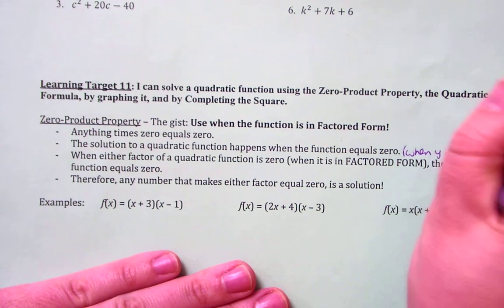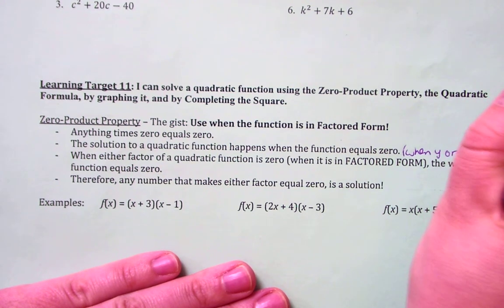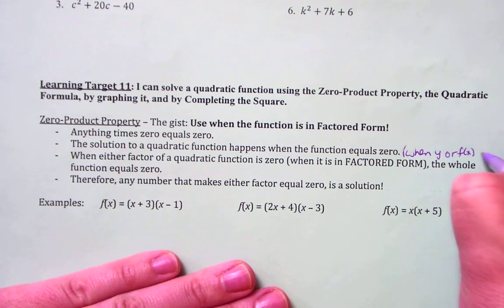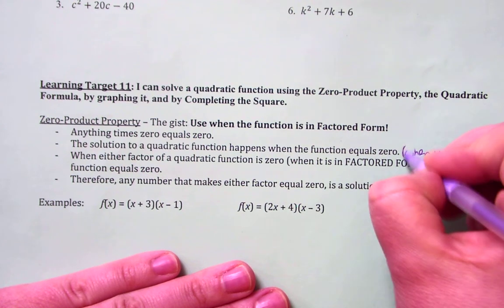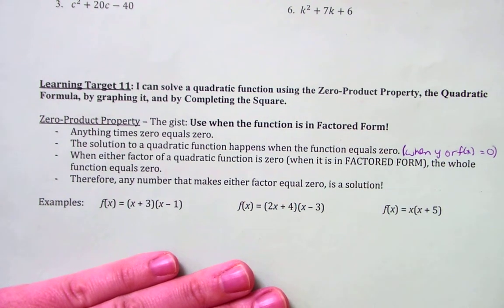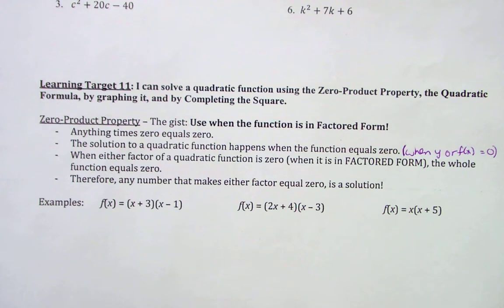Because solutions happen at the x-intercepts, and each intercept happens when the other variable is 0. So the x-intercepts happen when y is 0, which means the solutions happen when y is 0.